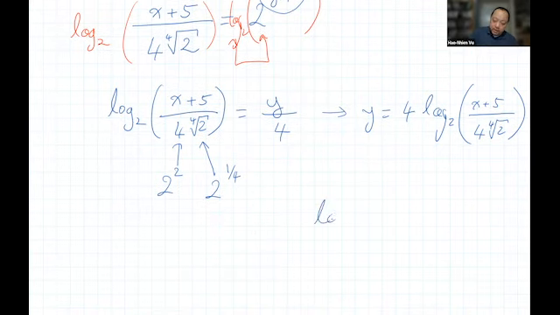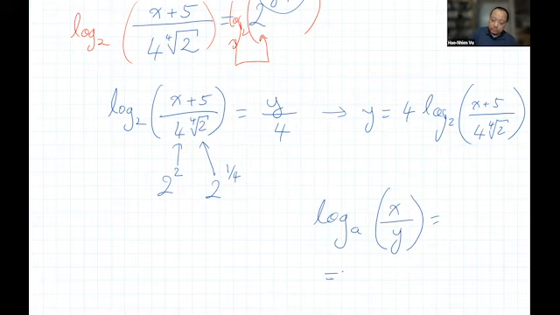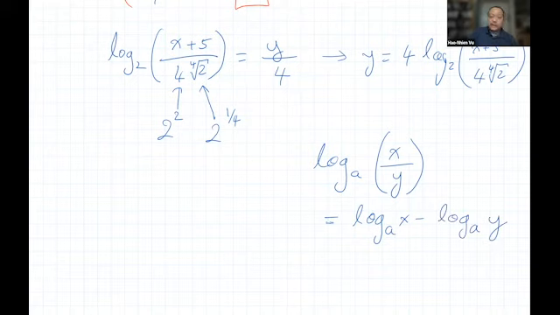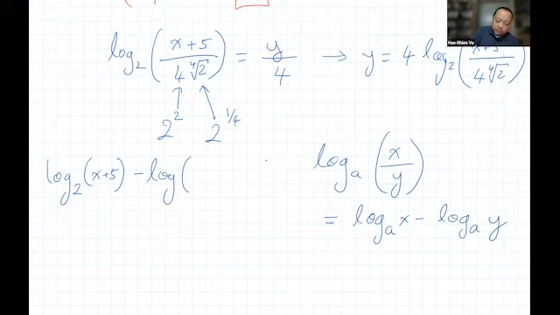Remember that log base a of x over y is equal to log base a of x minus log base a of y. So the left-hand side here is equal to log base 2 of x plus 5 minus log base 2 of the denominator, which I already figured out is 2 squared times 2 to the 1/4.